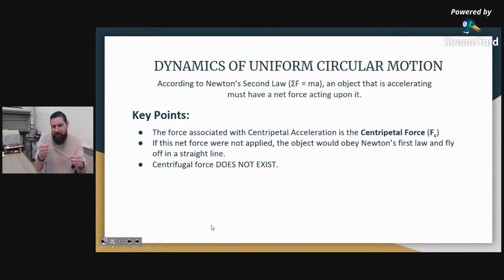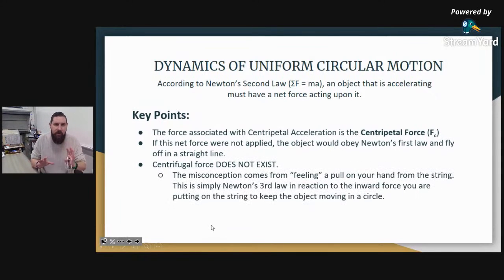So if you're telling me that there is this center-seeking force, then based on Newton's action-reaction law, if there's a force inward, there has to be some force outwards. That is centrifugal force. And I'm telling you, no. Centrifugal force does not exist.